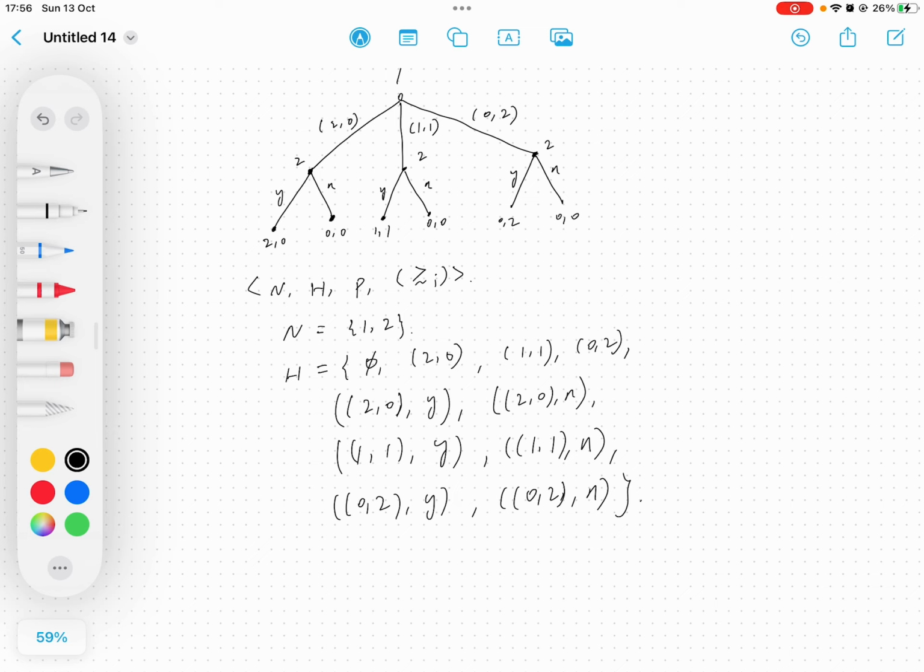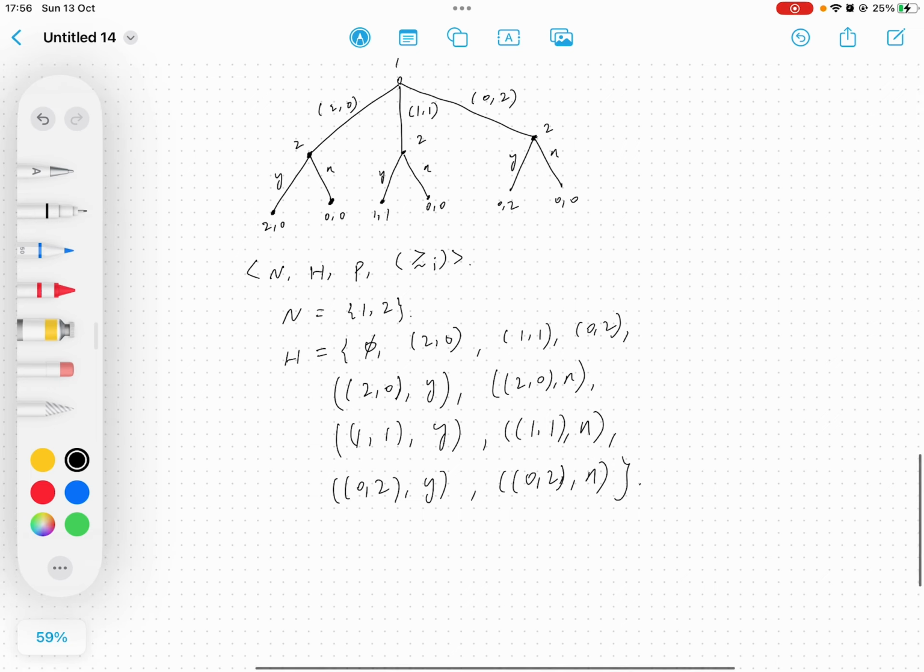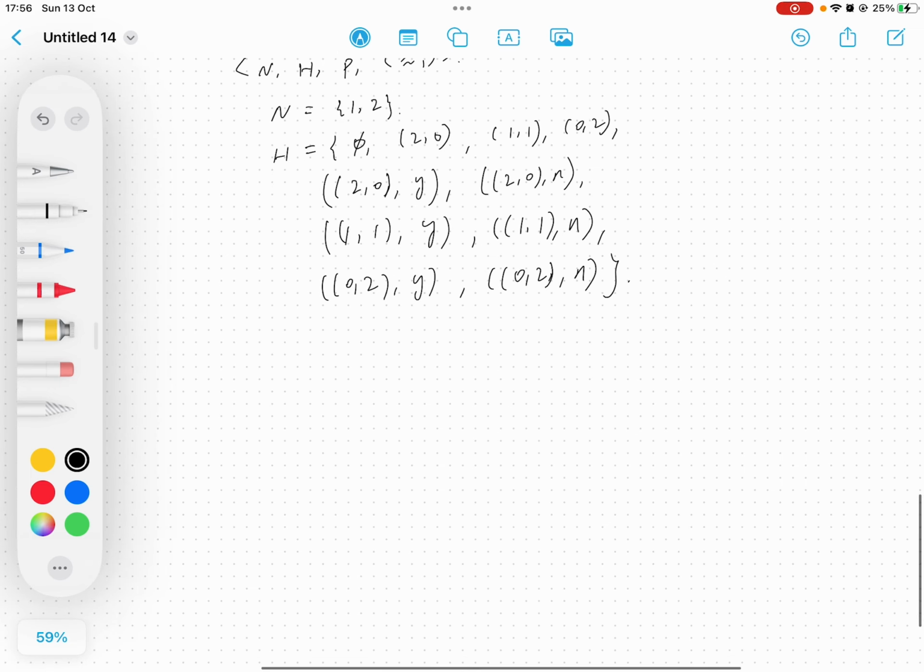This also satisfies the requirement for the set H as we mentioned before. H includes the empty history, of course, and all those longer histories include their own subset histories, the shorter ones.